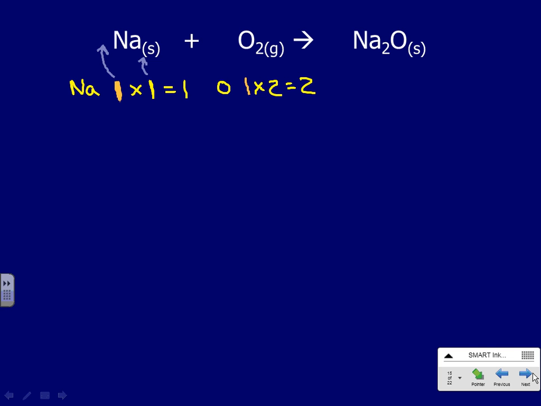Now, for this last guy, I'm going to have an Na row and an O row. You see what I mean? So I'm going to have, again, the number 1 right there and the number 1. And in this case, how many Nas are in each of these? 2 equals 2. And how many O's are in this thing? 1 times 1 equals 1.